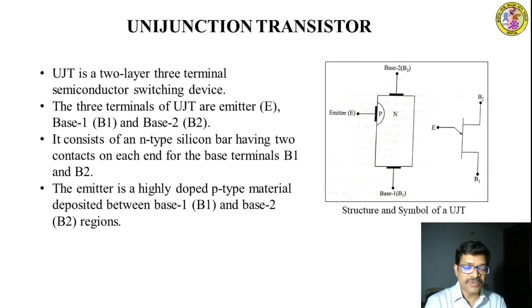The P-type emitter is placed at a point closer to B2 than B1. The N-type silicon bar between bases B1 and B2 behaves like an ordinary resistance.